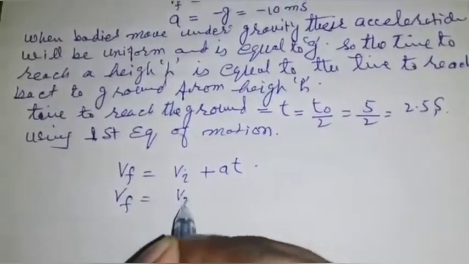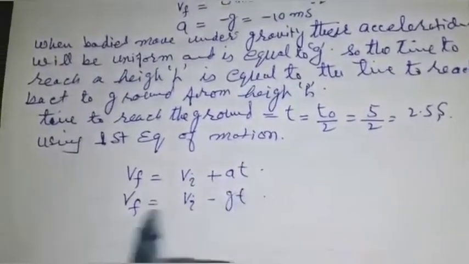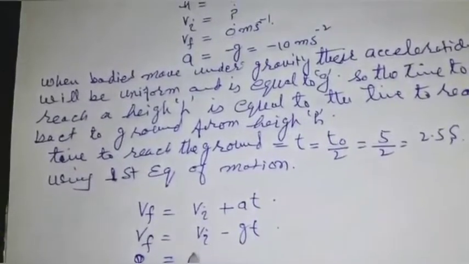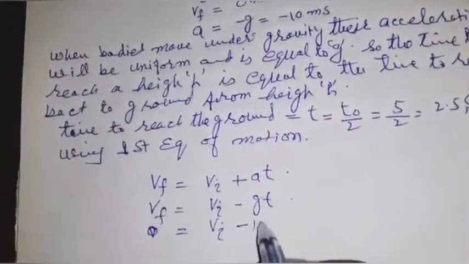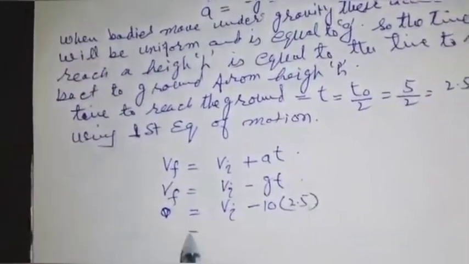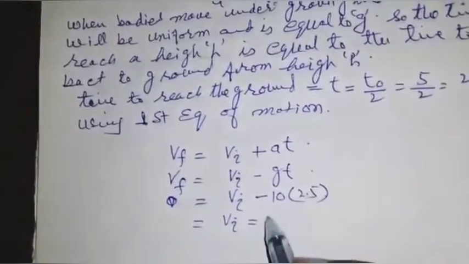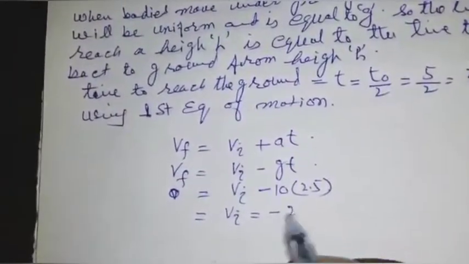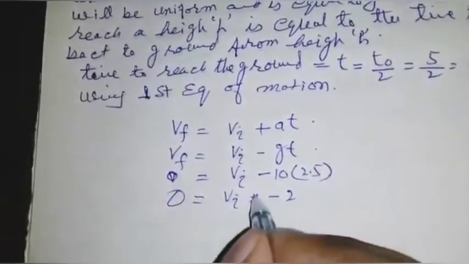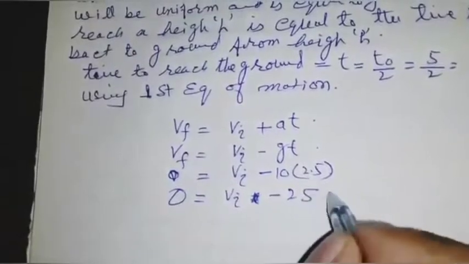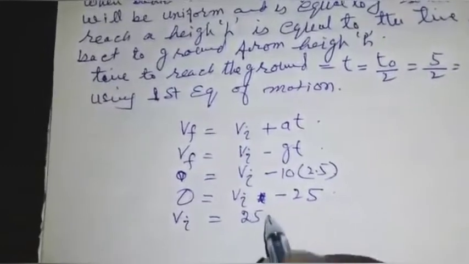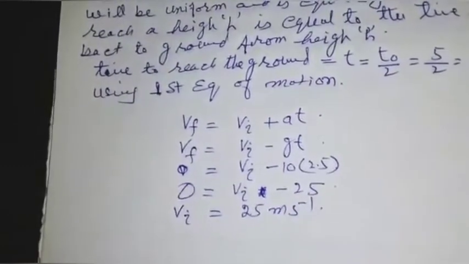Vf is equal to Vi minus gt, or Vf is equal to 0 is equal to Vi minus 10 into 2.5. 0 is equal to Vi minus 25. Vi is equal to 25 meter per second.